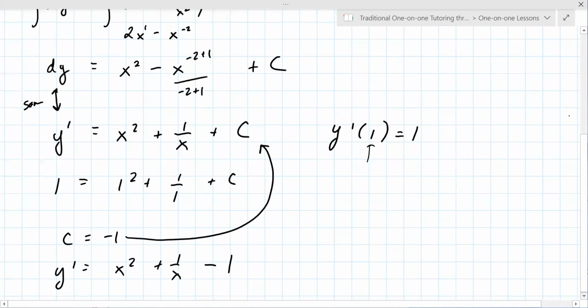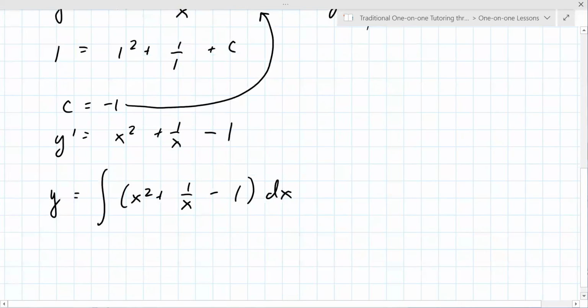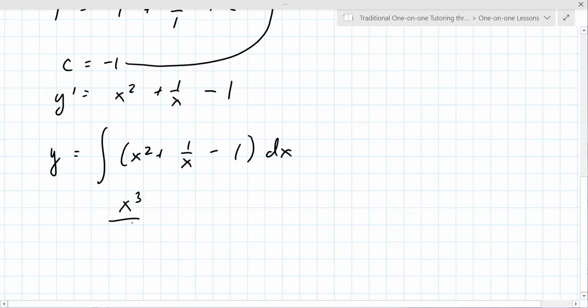And then you have to integrate again. So y is equal to the integral of x squared plus 1 over x minus 1 dx. Use your power rules again, at least for the first one, x cubed over 3. The second one is the natural log of the absolute value of x, minus x, plus c.